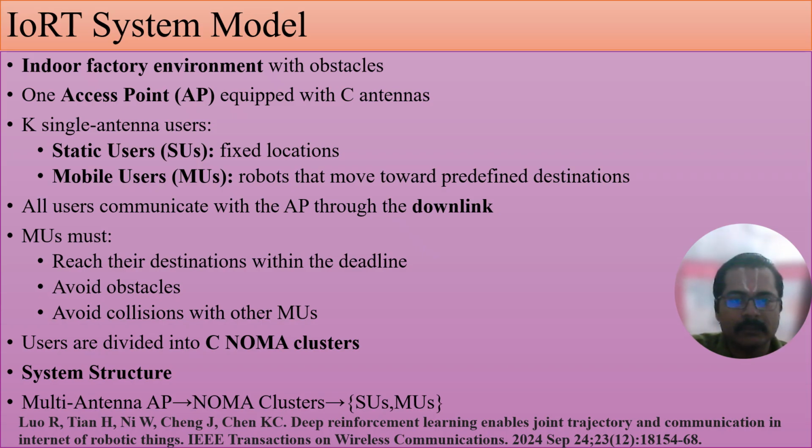Downlink means the access point is transmitting and the static and mobile users are receiving. Mobile users must reach their destinations within the deadline. So one of our objectives is arrival time, while avoiding obstacles and collisions with other mobile users. All users are divided into non-orthogonal multiple access clusters.